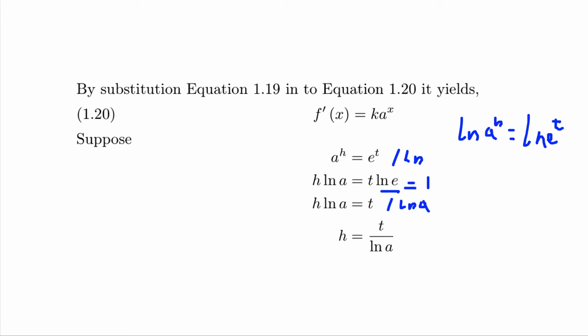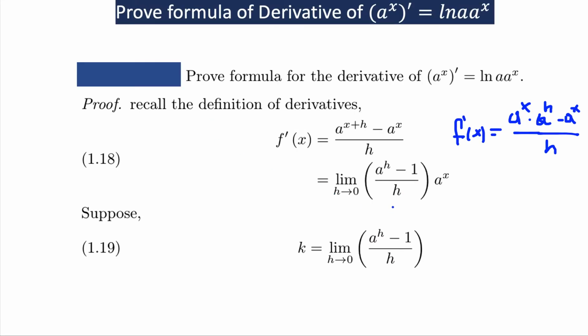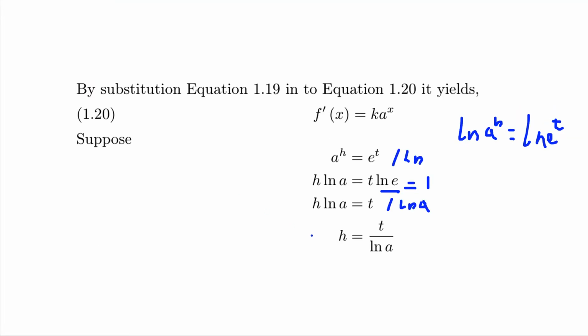Whenever we have h in this formula, we substitute it with t divided by ln a, and whenever we have a^h, we substitute it by e^t.